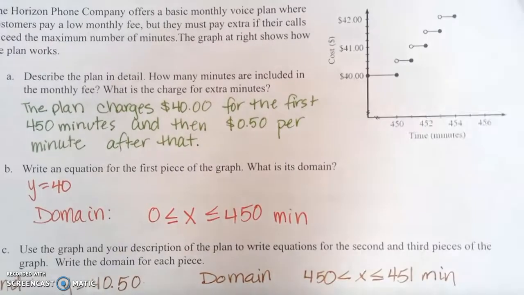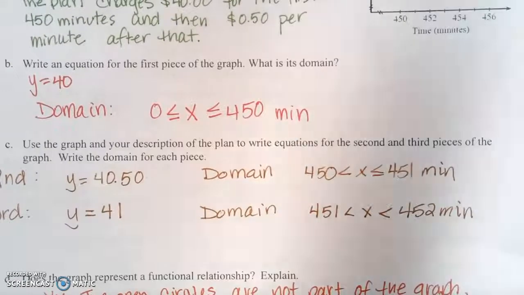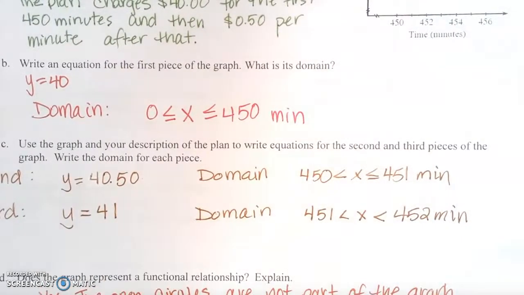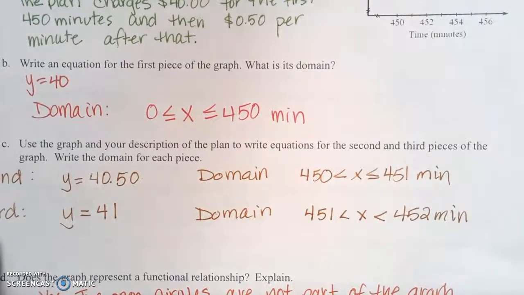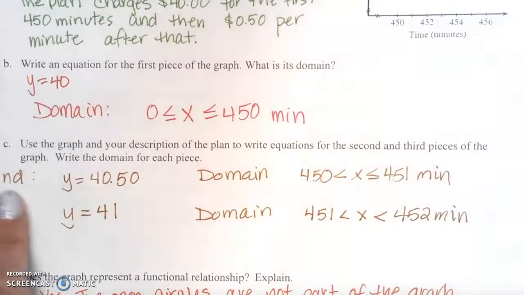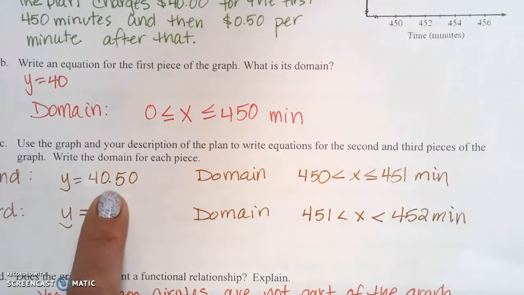Part C says use the graph and your description of the plan to write equations for the second and third pieces of the graph. And then they want you to write the domain for each of them. Okay? So the second part of the graph is going to be $40.50.